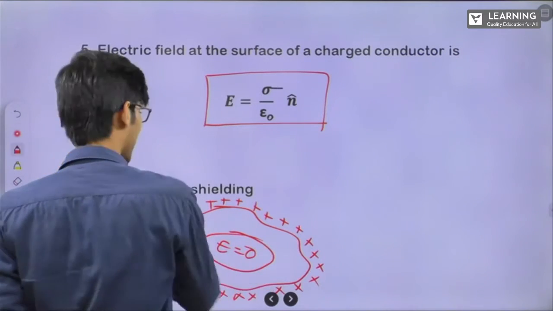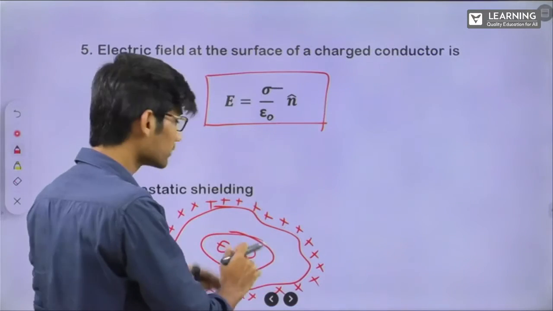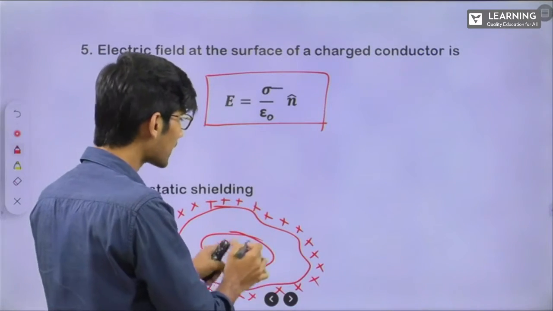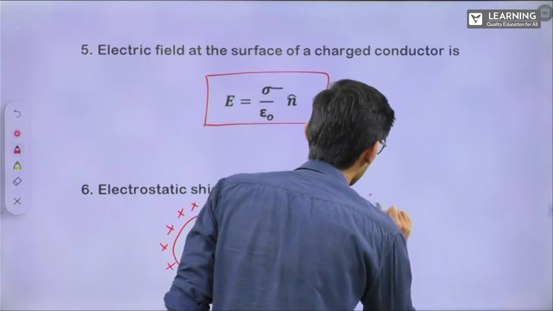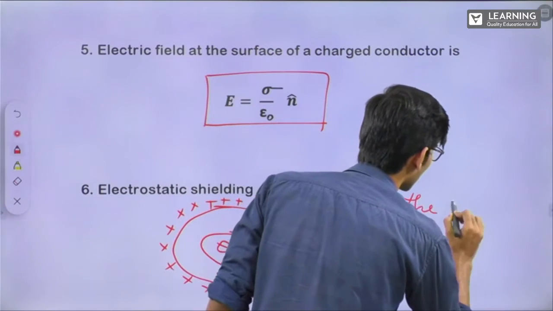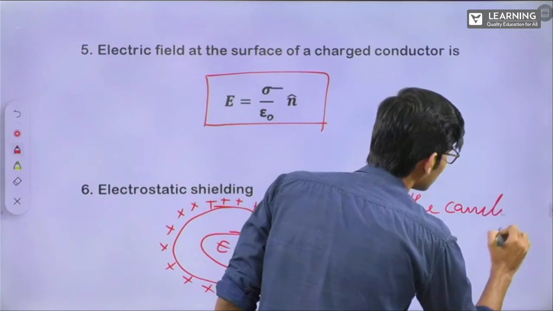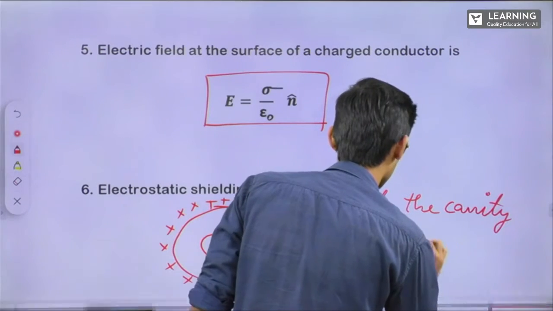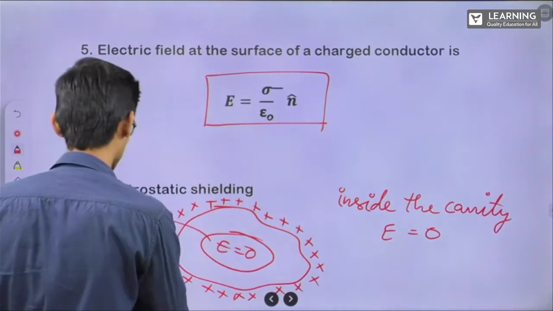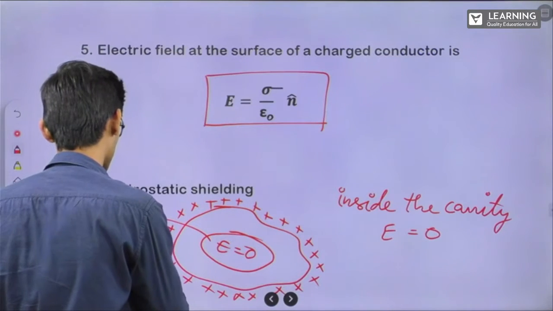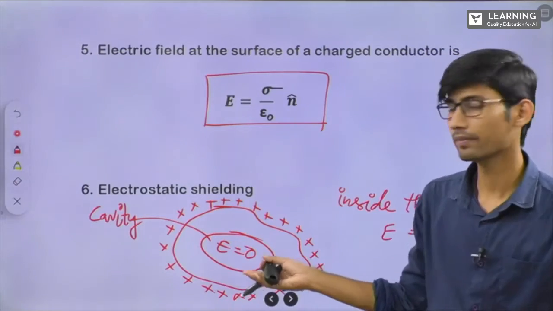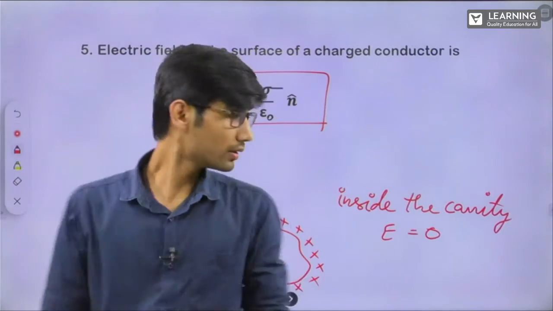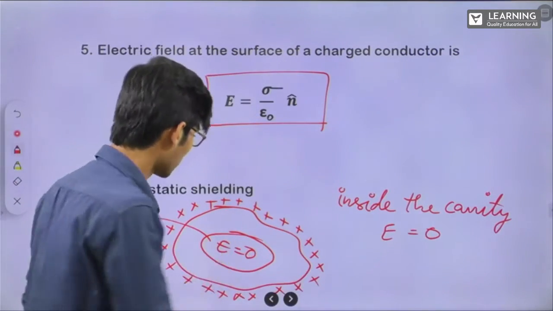Due to the excess charge which we have given to the conductor, which came on the surface, inside this cavity the electric field will be zero. Inside the cavity, E is equal to 0. Okay, this is the cavity.